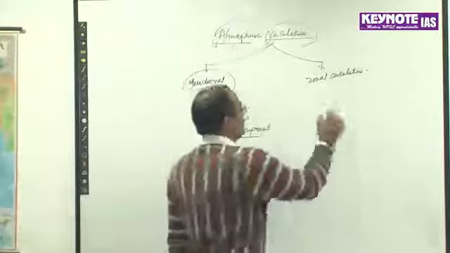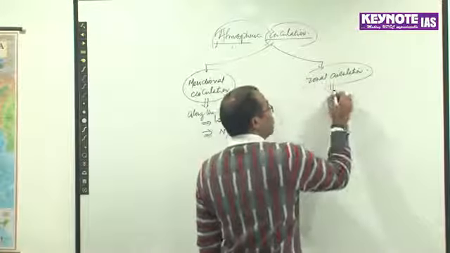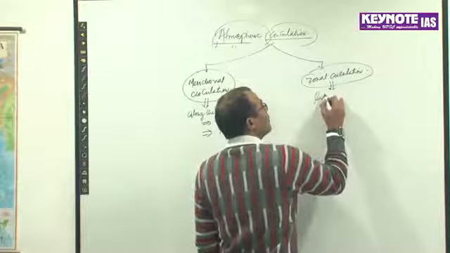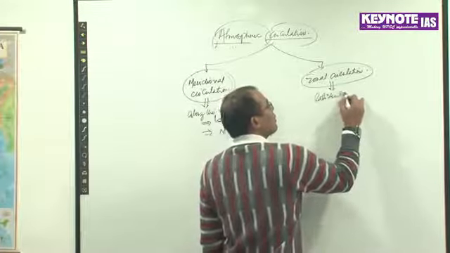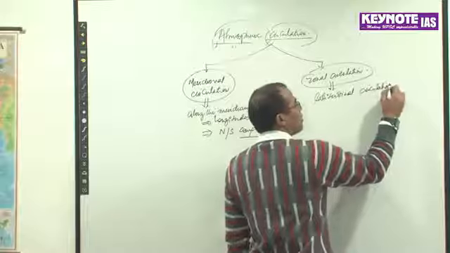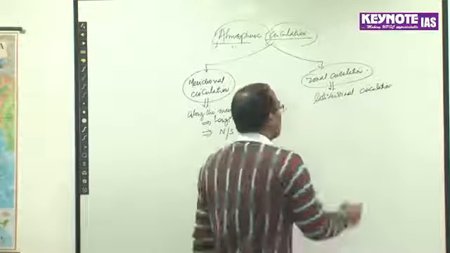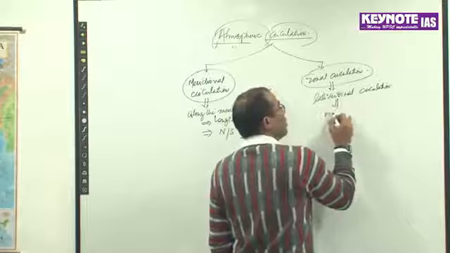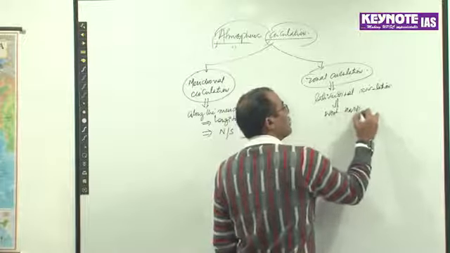Zonal circulation is basically latitudinal circulation along the latitude, primarily the west-east component.